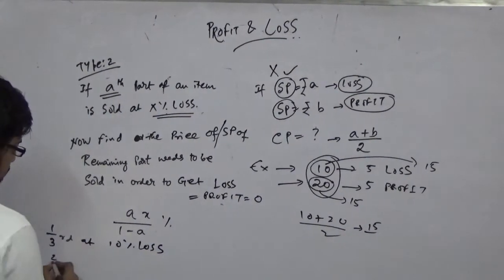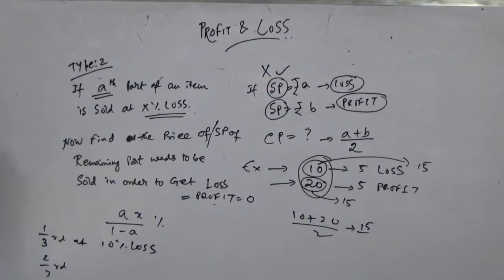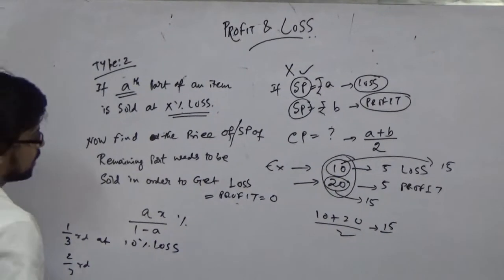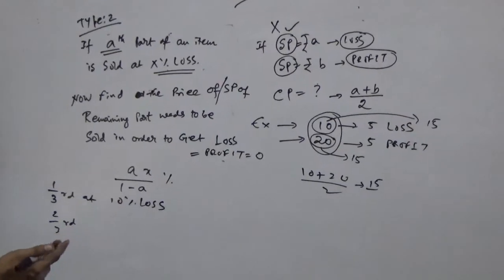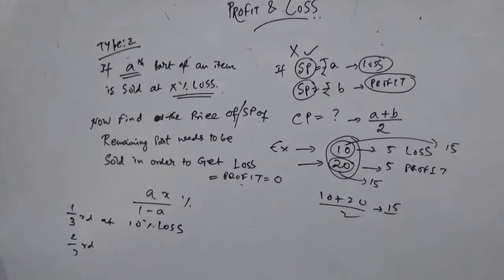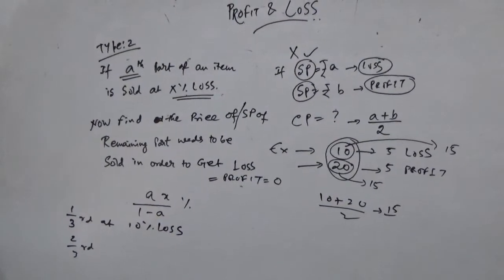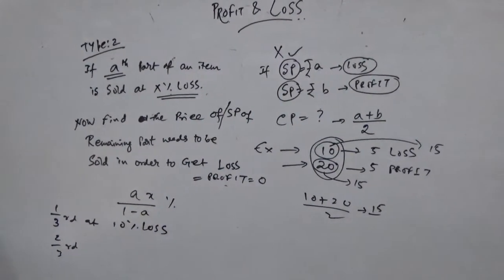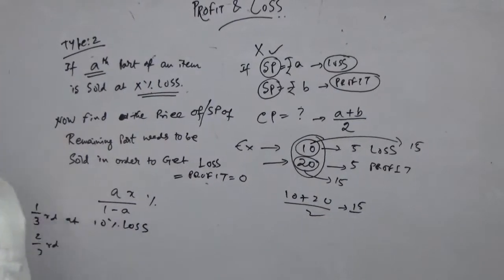So obviously the remaining part is 2/3. How much profit can you make in that? If you have made a loss in some percentage, in the other part you have to make a profit, and by plus and minus, because minus means loss and plus means profit, at the end you will get a 0.